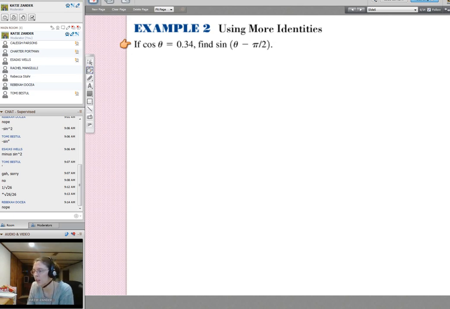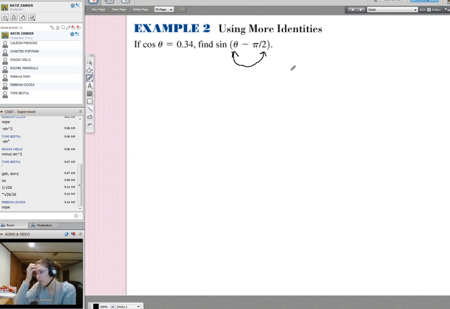Okay, so let's go ahead and look at the next one. It says if cosine theta equals 0.34, find sine of theta minus pi over 2. All right, this is not exactly one of the cofunction identities, but it looks very similar to one. If these were reversed, it would be a cofunction identity.